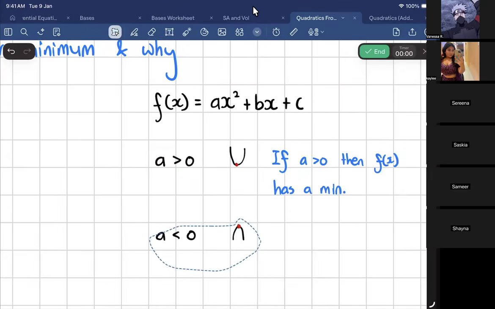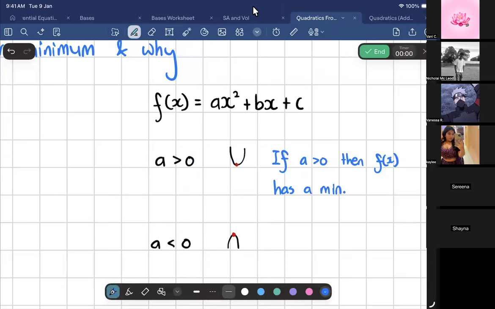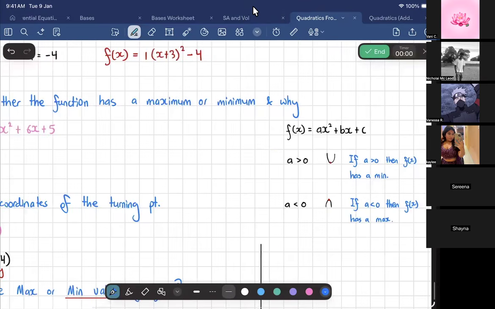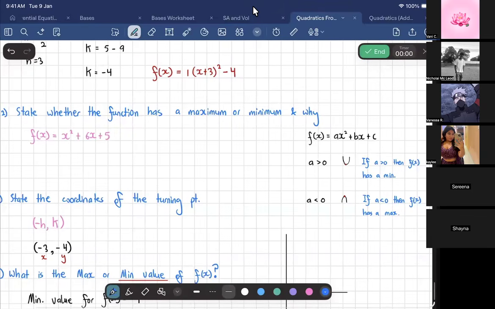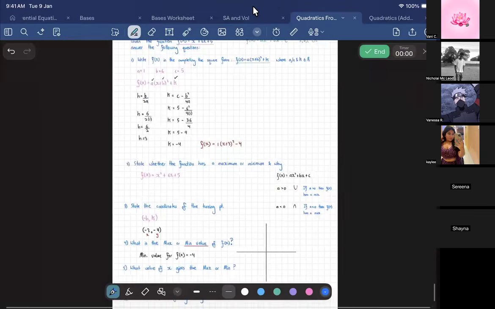And then you would say if A is less than 0, then what? It has a maximum. Right. And so this is how you know if it's a maximum or minimum.